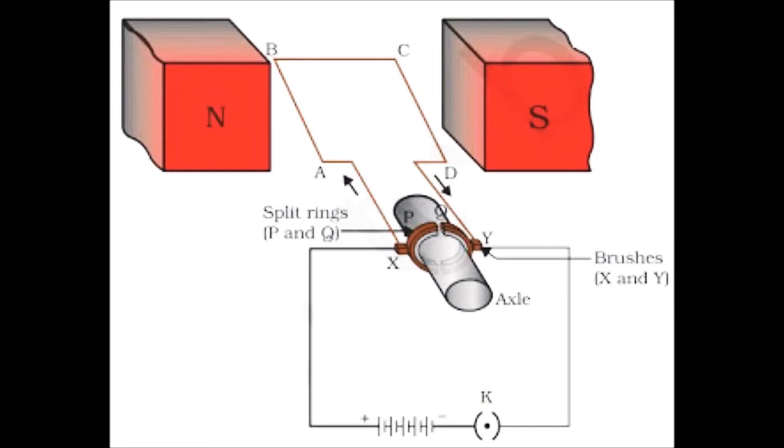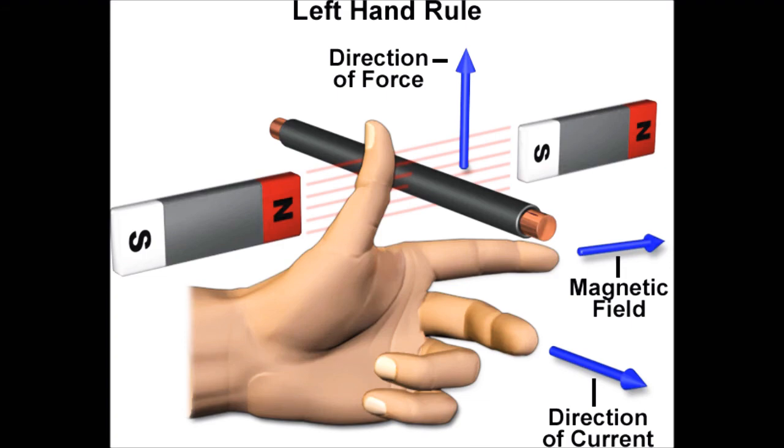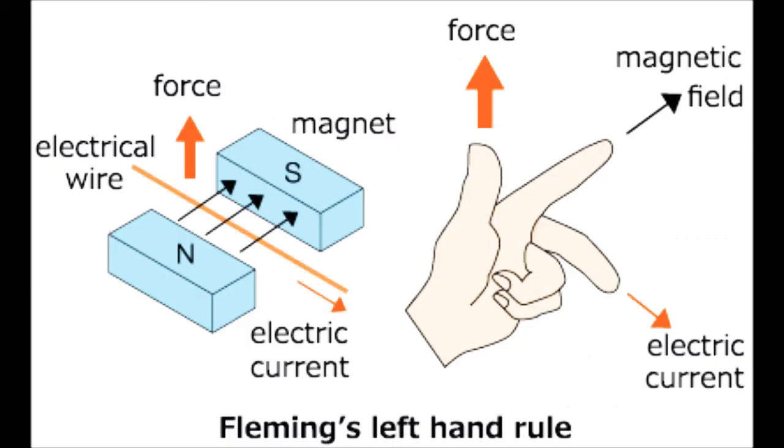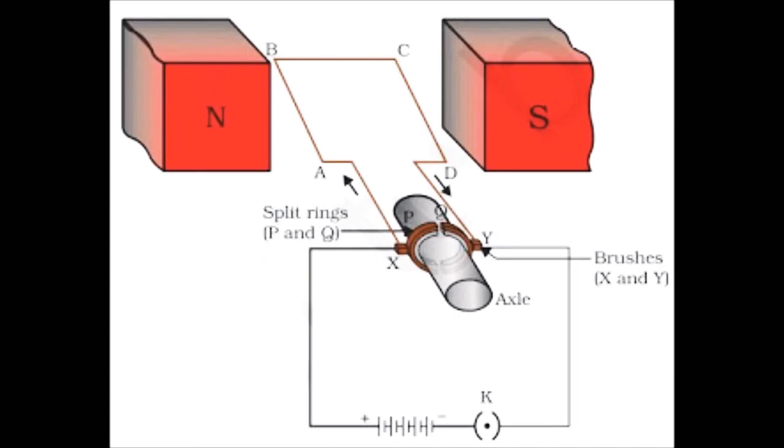Now the current is passed through the point X. It flows through AB and returns from CD to the negative of the battery. By applying Fleming's left hand rule on this diagram, we see that the middle finger shows the current passing through AB and the forefinger shows the field between the two magnets.